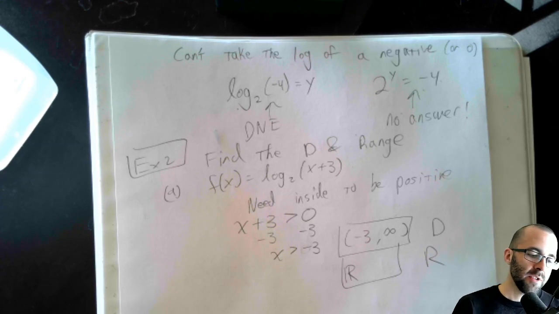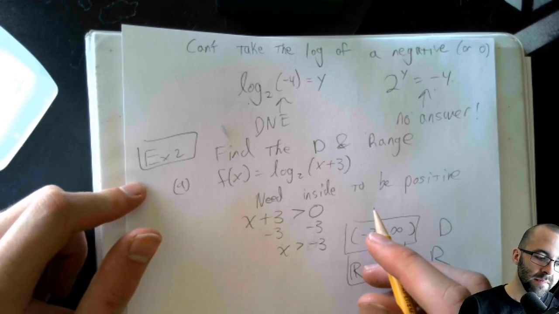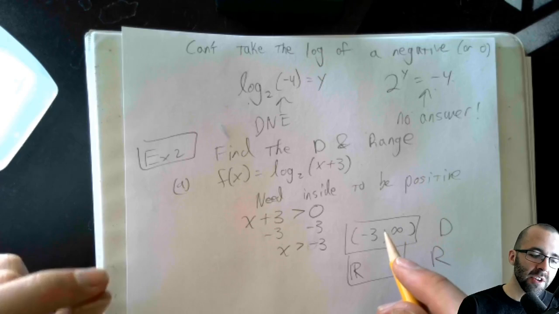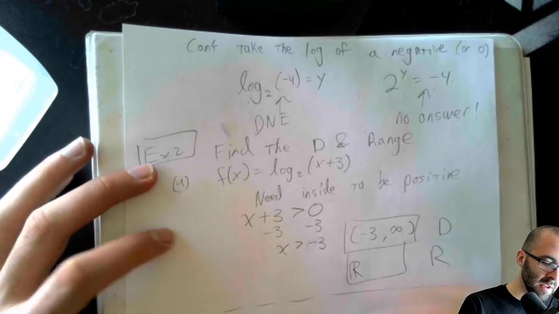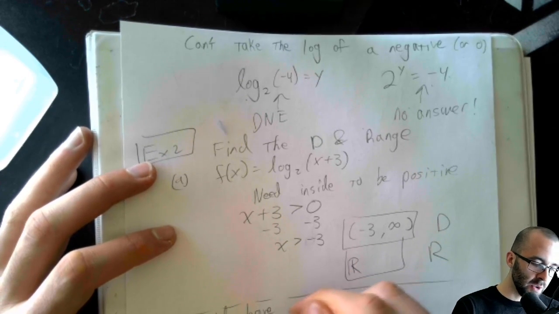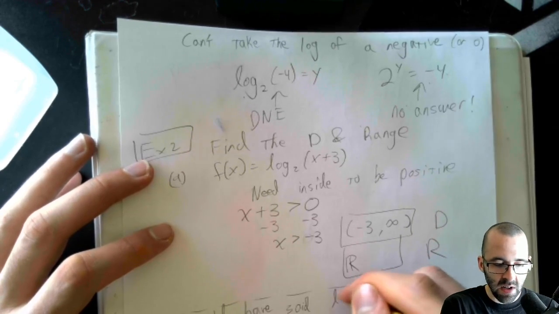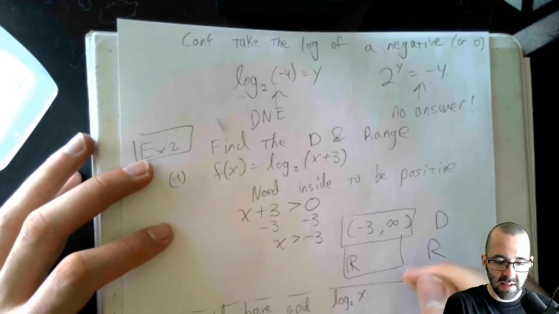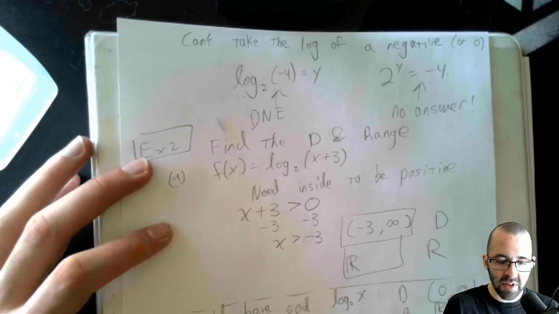There's another way to have found the domain and the range of this problem. You could look at your basic function and transformations. You could have said, okay, what's our toolkit function here? Log base 2 of x has a domain of 0 to infinity and a range of all real numbers.